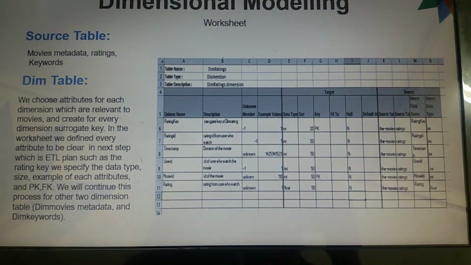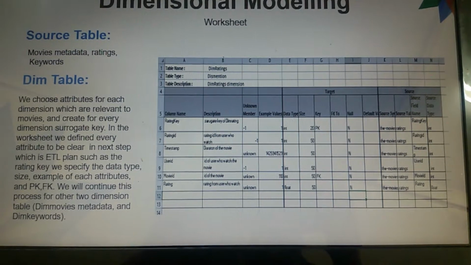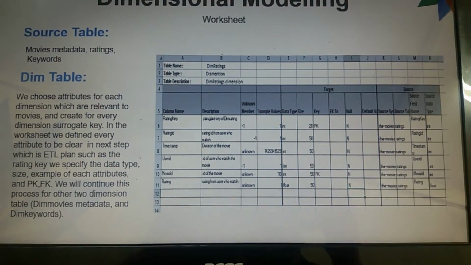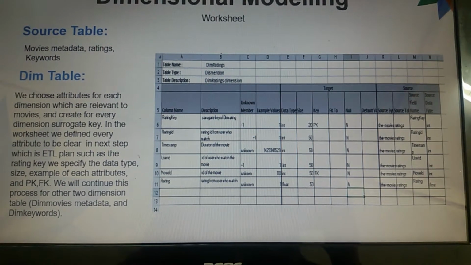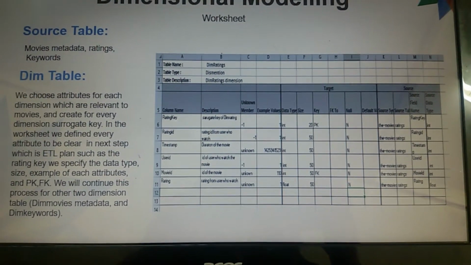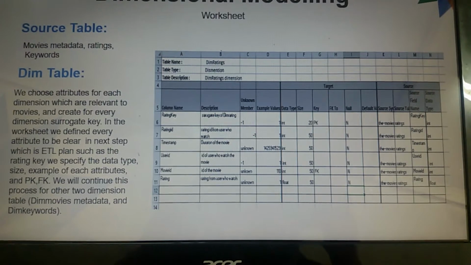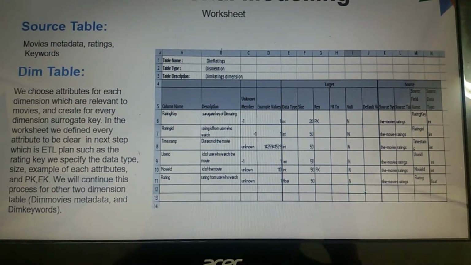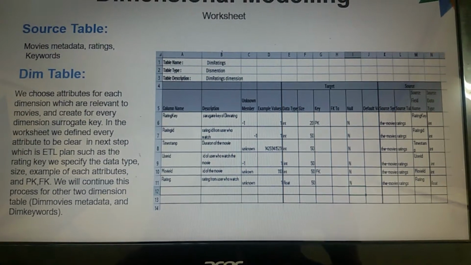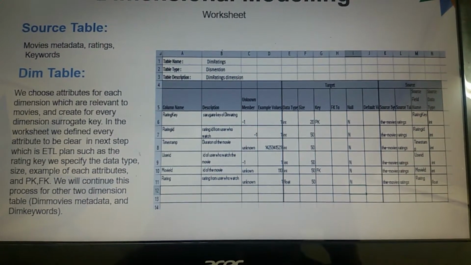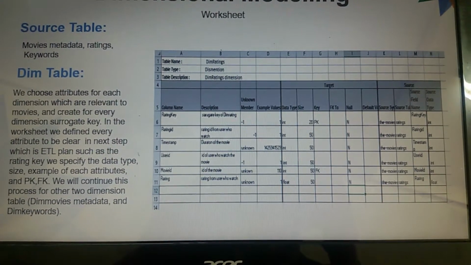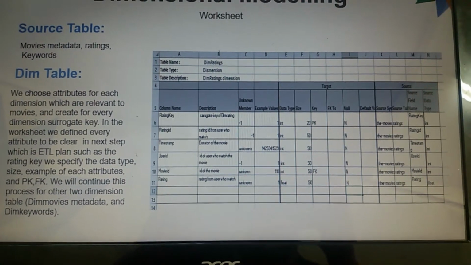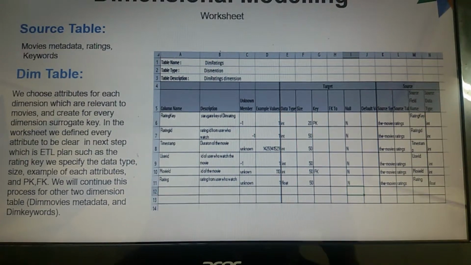In the worksheet, we define every attribute to be clear for the next step, which is the ETL plan, such as the rating key. We specify the data type, size, example of each attribute, and foreign key and primary key. We will continue this process for the other two dimension tables, which are dim movie metadata and dim keyword.